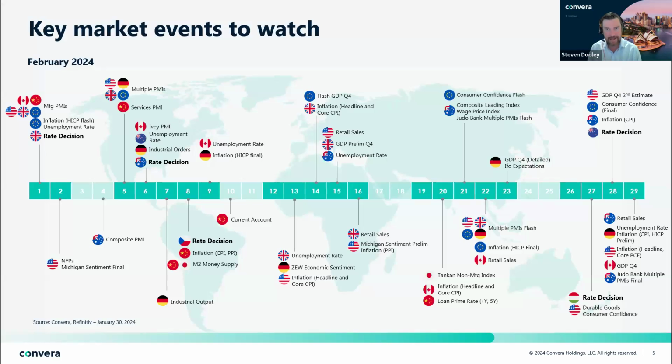What's going to be really interesting is these PMI numbers, the global purchasing manager index numbers. They're all out around the third week of February. And what they're going to tell us is if this rebound that we saw in January wasn't just in the US.